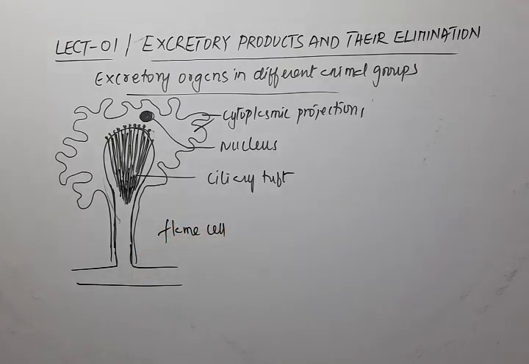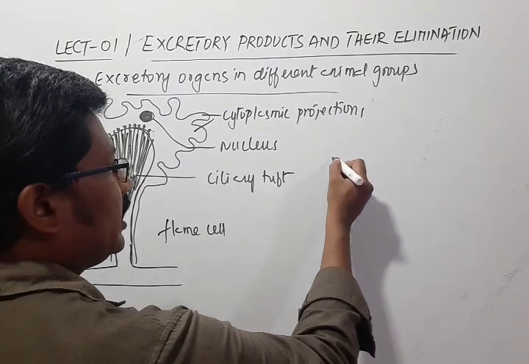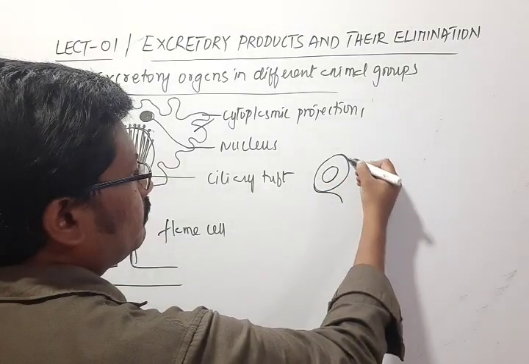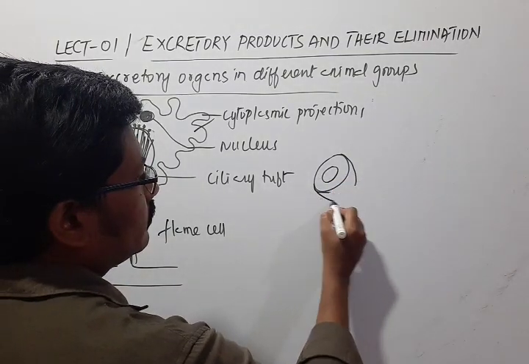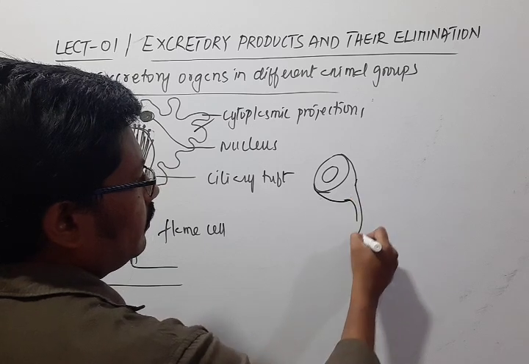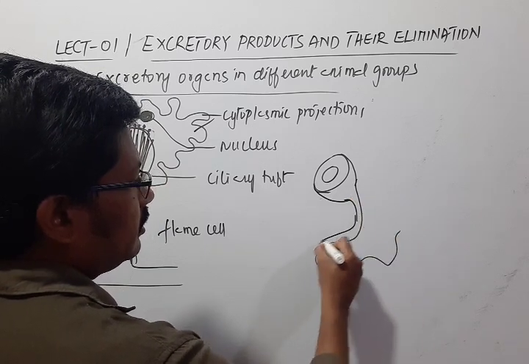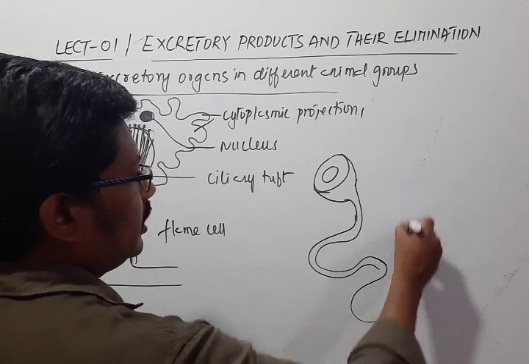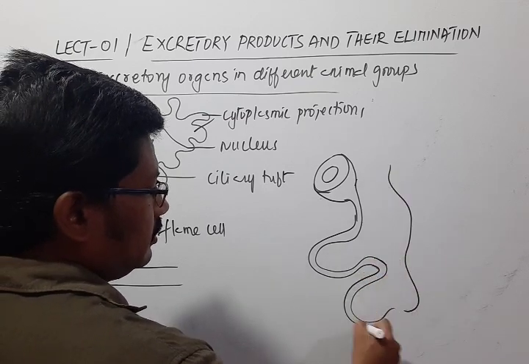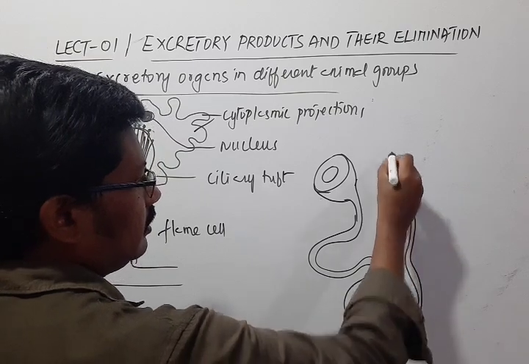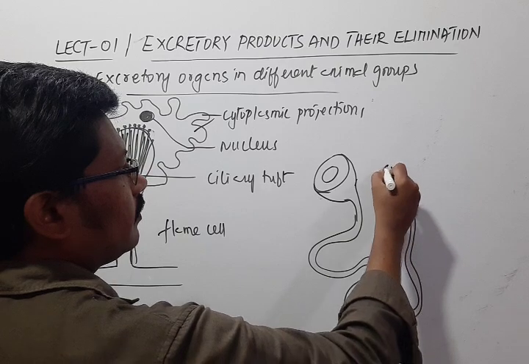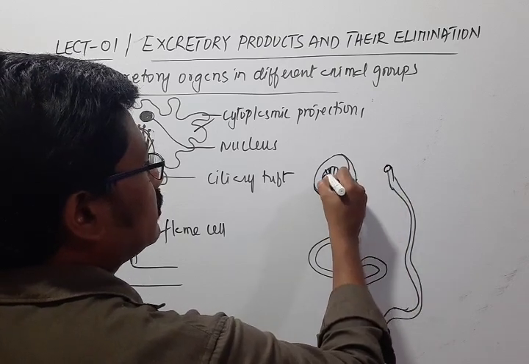So this is how a flame cell looks. Then coming to nephridia, the nephridia have a nephrostome. It will be showing further coiling. There will be a lot of coiling here. I'm just showing a simpler one. So there are cilia here.